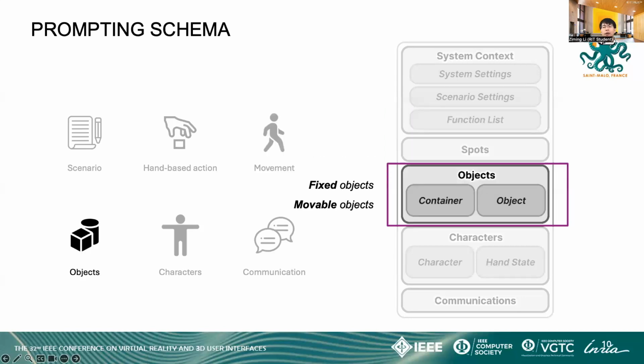The object component defines objects which are classified as containers or non-containers, and also as fixed objects or movable objects based on their characteristic within the scenarios, which help agents understand spatial relationship and perform actions in the environments.